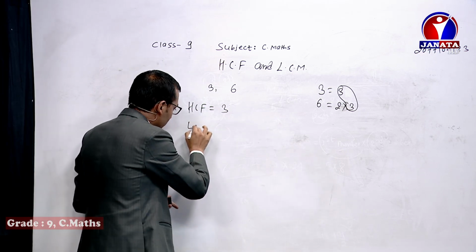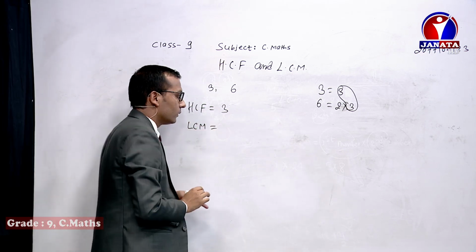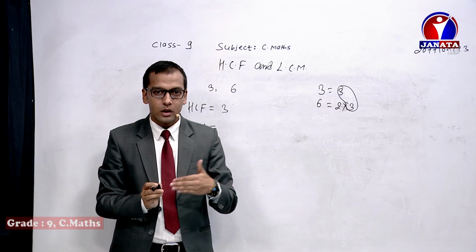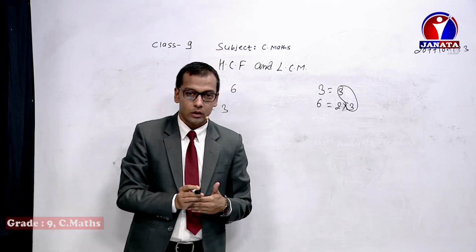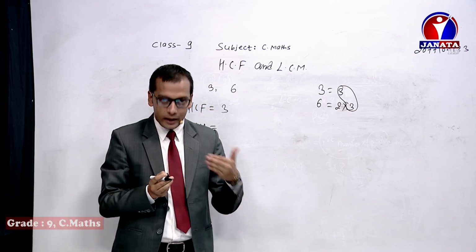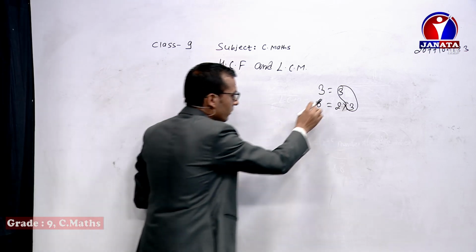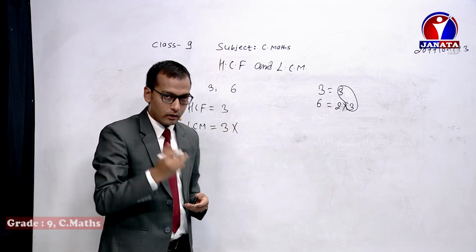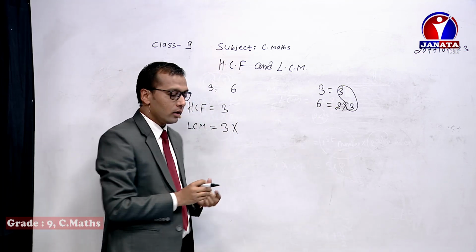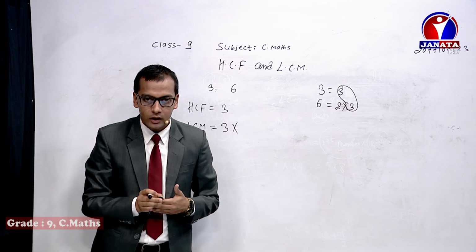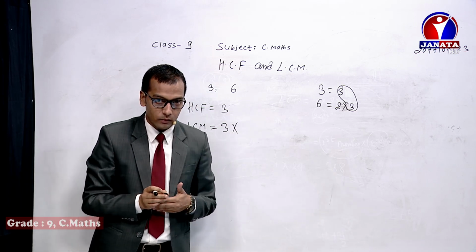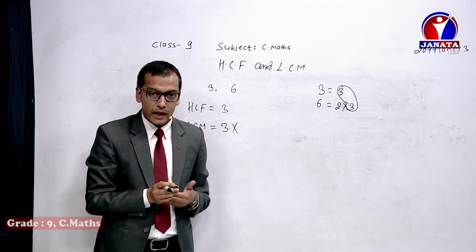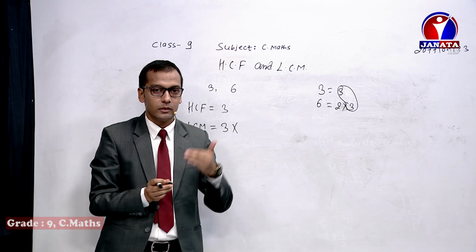What is LCM? For finding LCM, first of all we take the common factors. The common factor is 3, times the remaining factors. Basically we calculate LCM by finding common factors and then multiplying them with the rest of the factors.